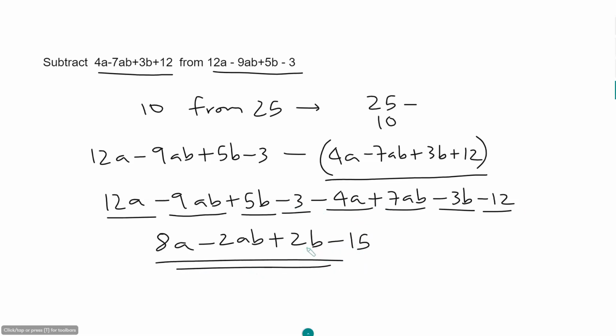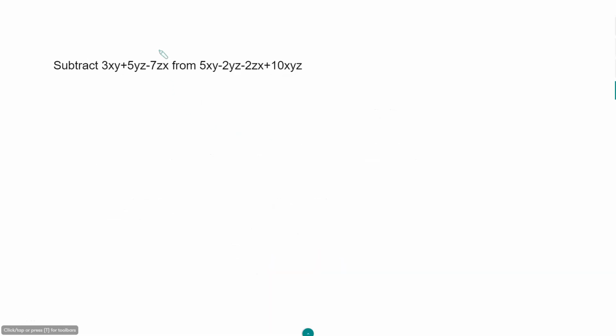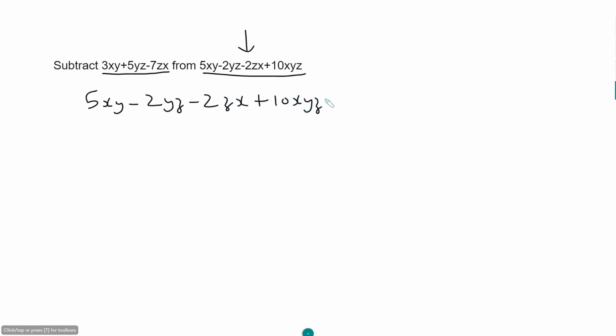One last example for subtraction. Subtract this expression from this expression. So you write this expression first: 5xy minus 2yz minus 2zx plus 10xyz, minus the first expression, 3xy plus 5yz minus 7zx.